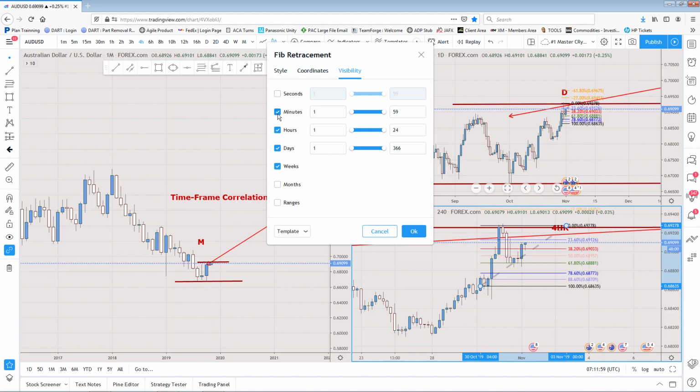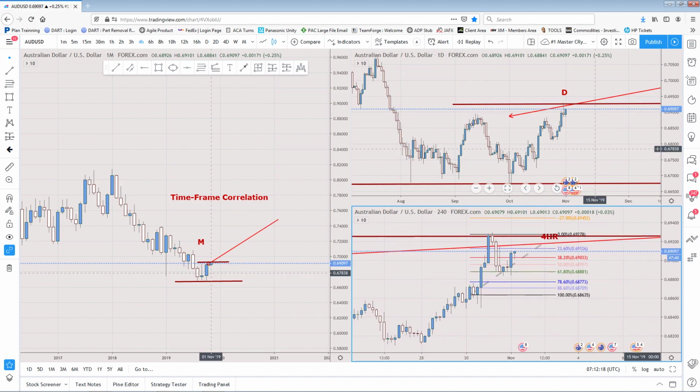So I'm just going to deselect all of these hours, and on the 4 hour chart I want it to show up. As long as 4 hours is in this range, which it is, it should show up only on the 4 hour chart. You see how it now disappeared here. This is just a way to keep your charts clean.